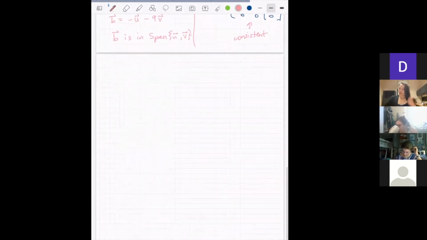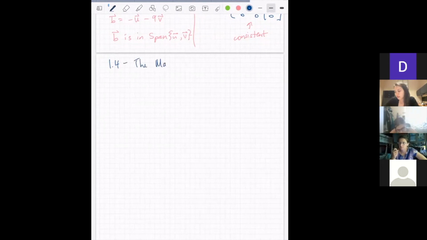Okay. So I'm going to skip that. We're going to move on to 1.4. So here we talk about the matrix equation. And this is going to be an equation that looks like A times X equals B, right?